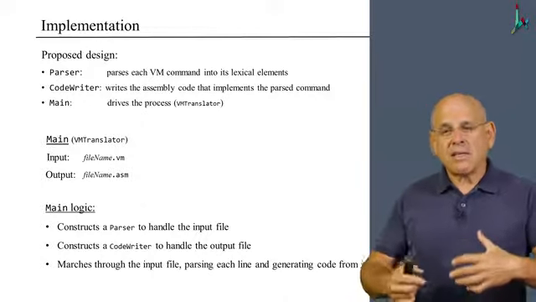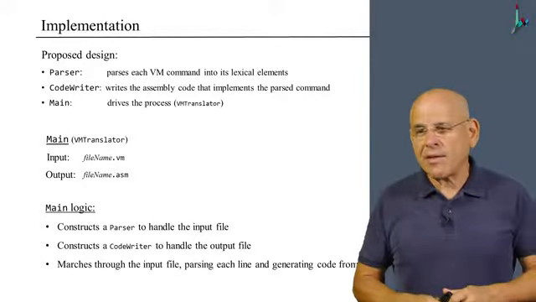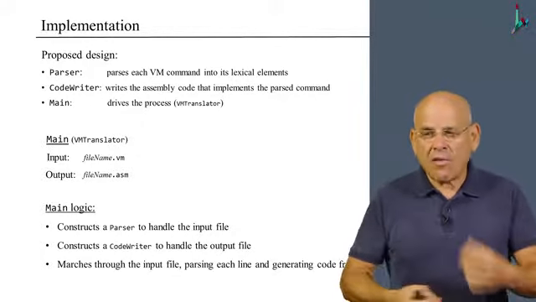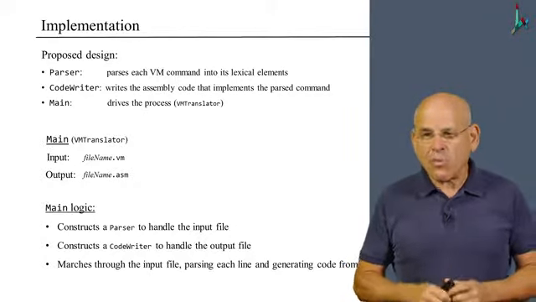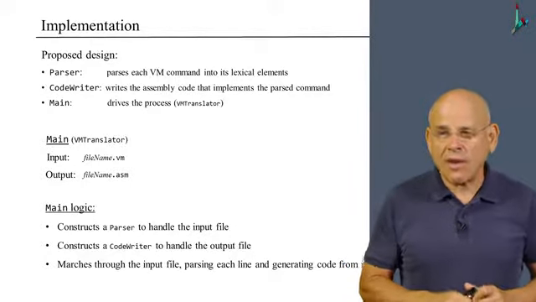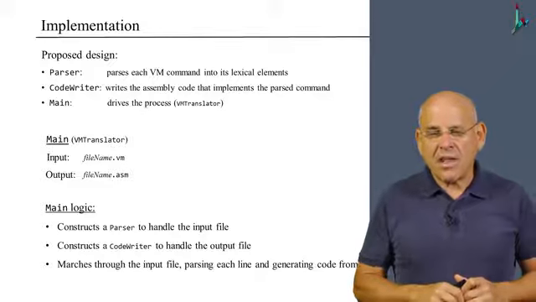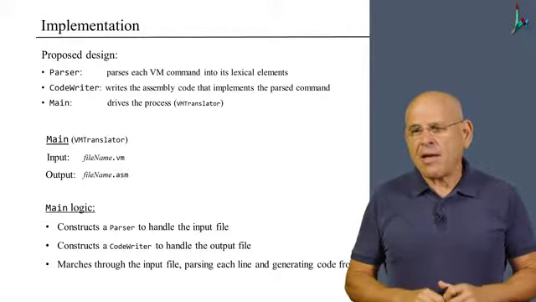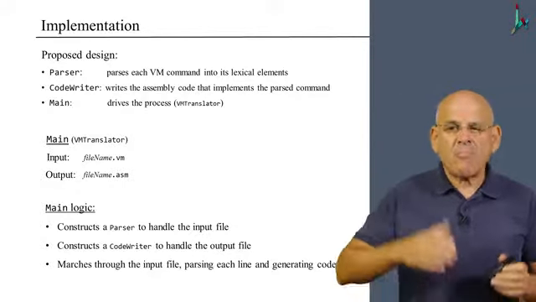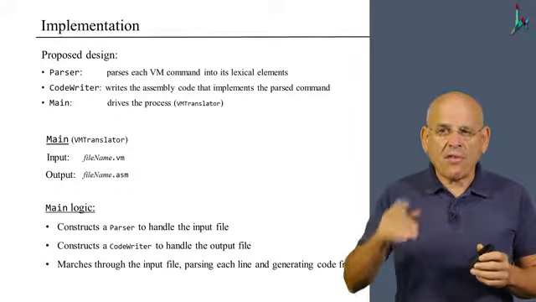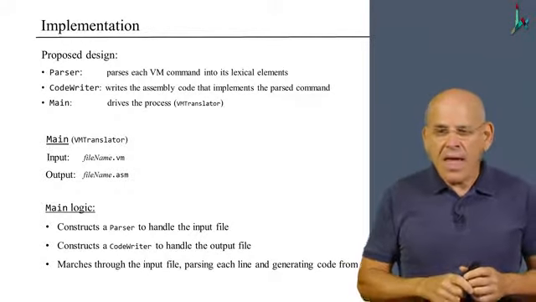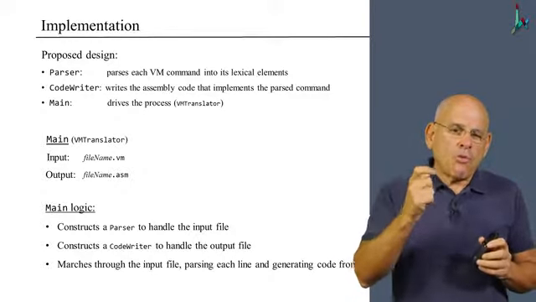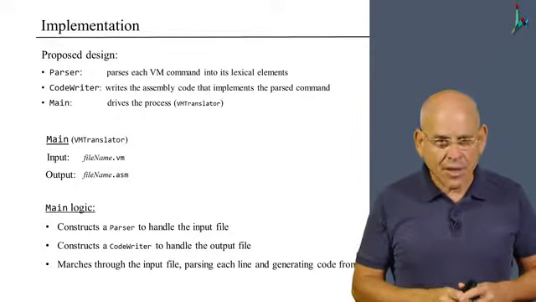Then it constructs a code writer to handle the generation of the code that we have to output, and we'll discuss this code writer later as well. And then once we have these two objects set up, we can march through the input file, through filename.vm, and handle each row in this file separately.